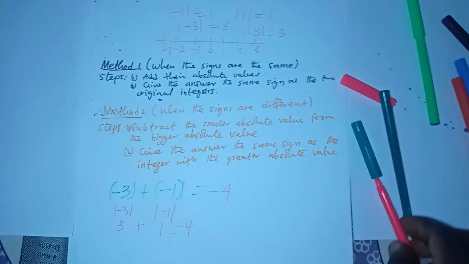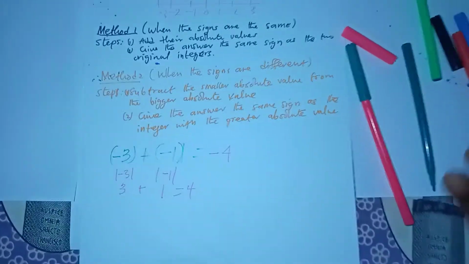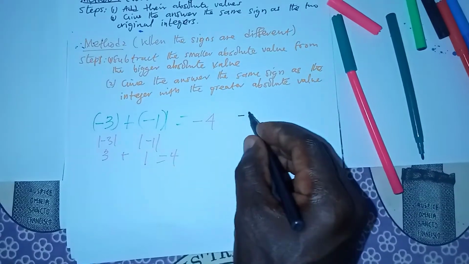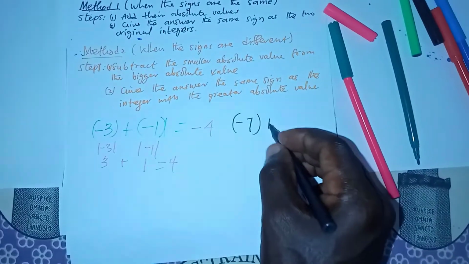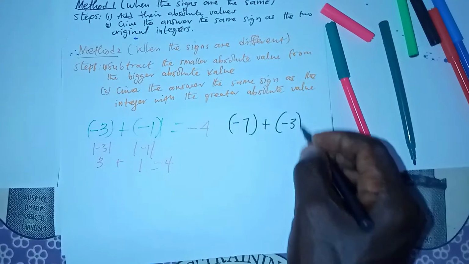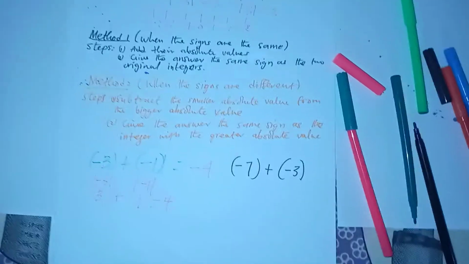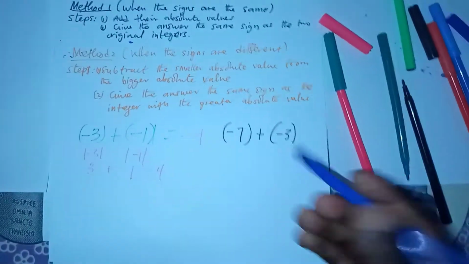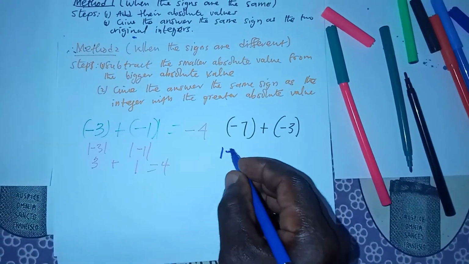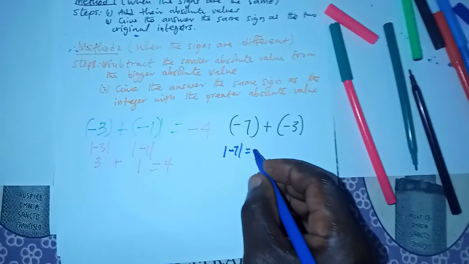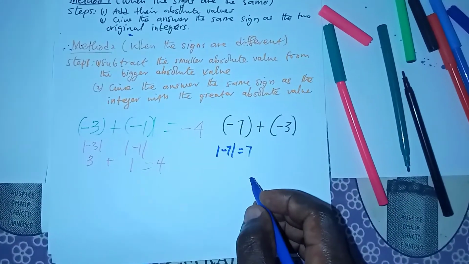Likewise, if I'm asked to add, let's say, -7 plus -3. From here, what is the absolute value of -7? I think that will give us 7.